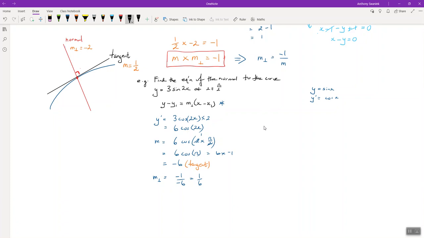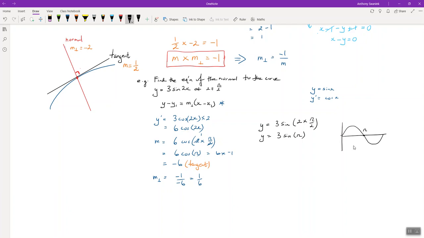And let's put that in black. So y would equal 3 times the sine of 2 times pi over 2, and that would be 3 times the sine of pi. Okay, and what's the sine of pi? Well, that's actually going to come out to 0, which I don't mind too much for this question.